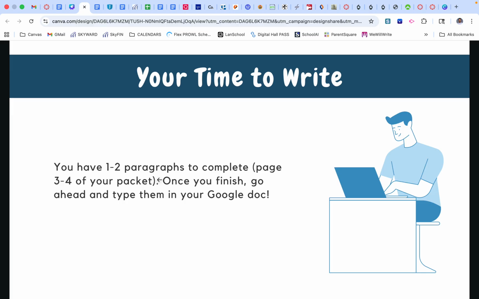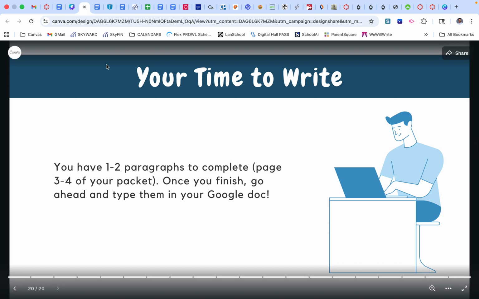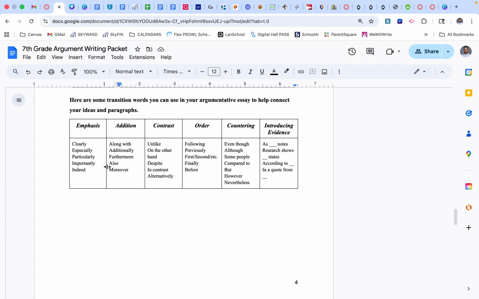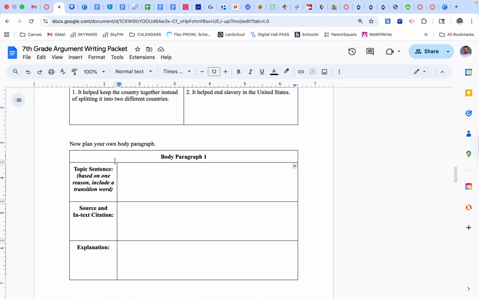Okay. So now it's your time to write. You have the rest of the period to write your body paragraph or paragraphs. Remember that what I said at the beginning is for a 3, all you have to do is have one body paragraph. You will learn how to do more paragraphs in ACE format in 8th grade, but for now, one body paragraph for a 3 is good.